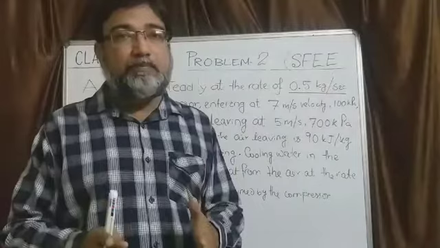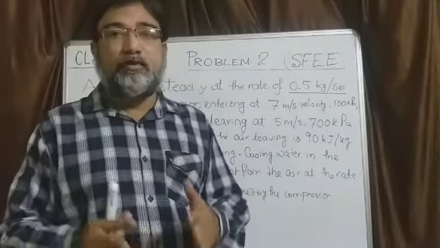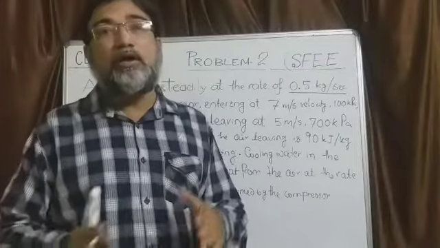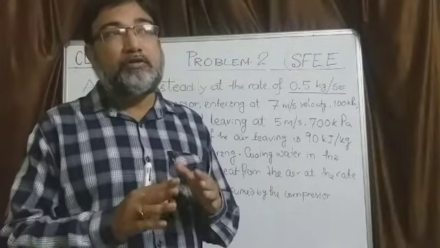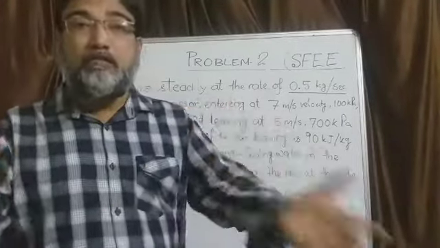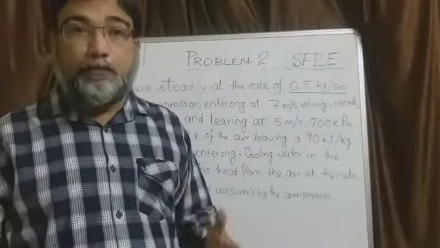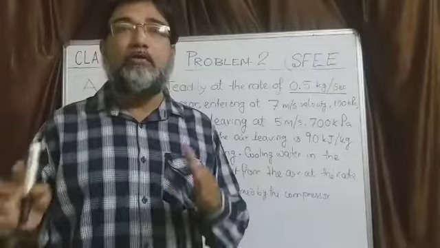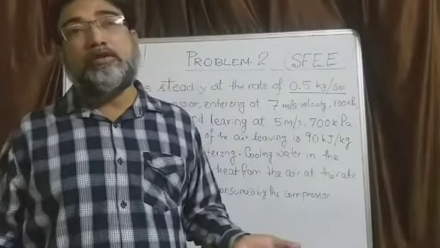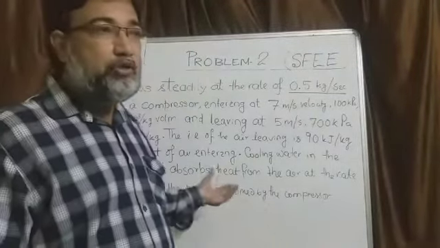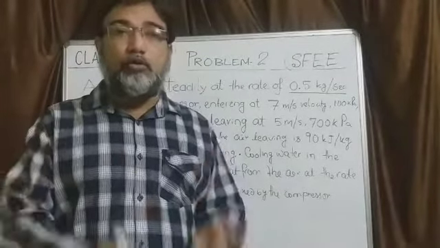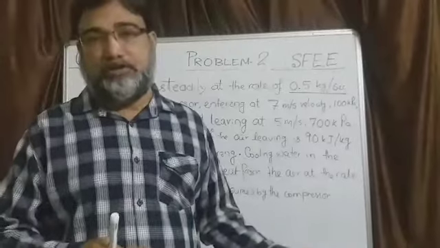Compressor is a power consuming device, blower is a power consuming device, fan is a power consuming device, but turbine is a power giving device, pump is a power consuming device. So you have to remember where the power is consumed and where the power is delivered by the device. With a compressor, you have to do work on the gas in order to compress it.